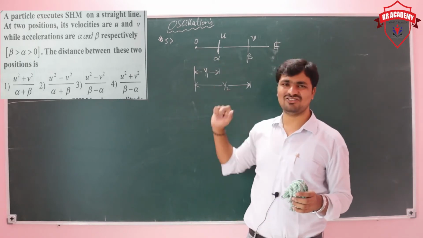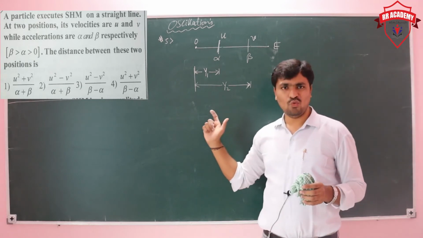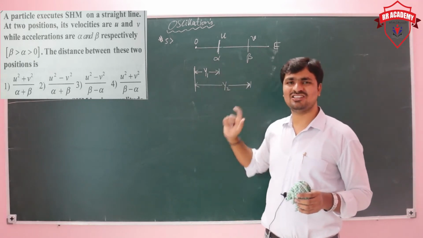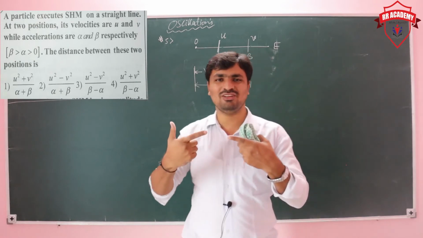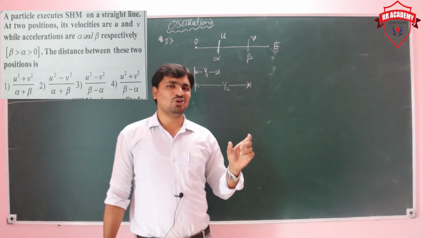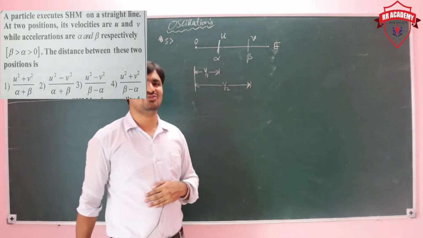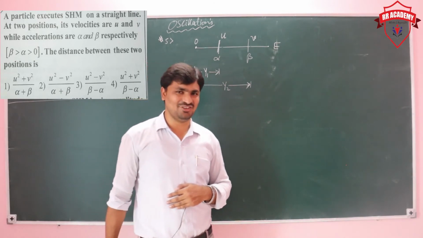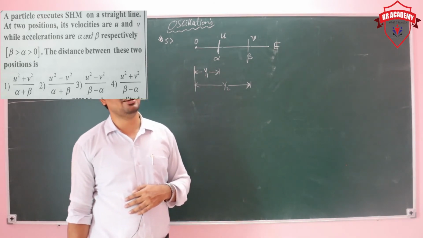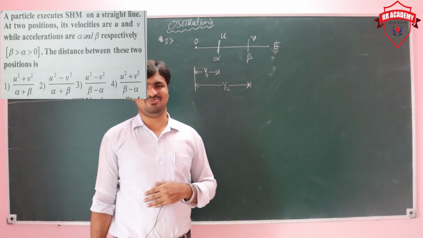What is the distance between the two instants? Also, one more condition: beta is greater than alpha, and alpha is greater than 0. That means both are on the same side, from mean to extreme position.